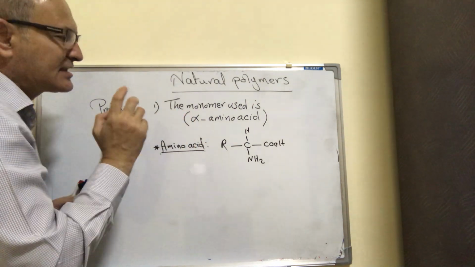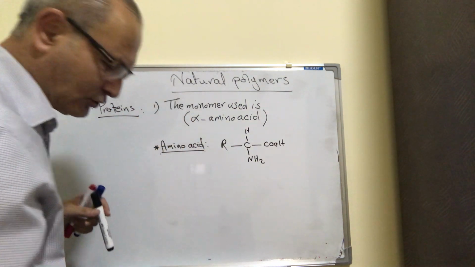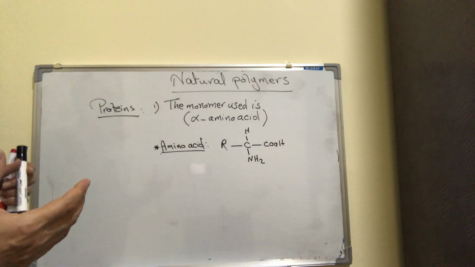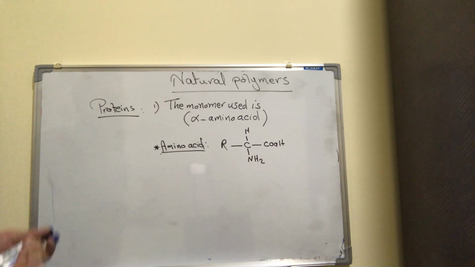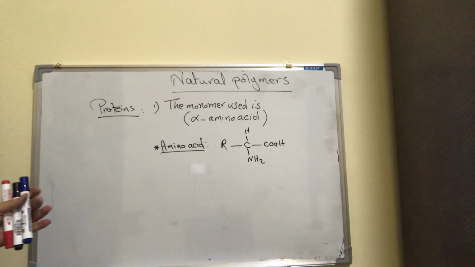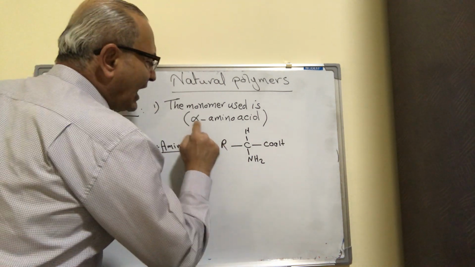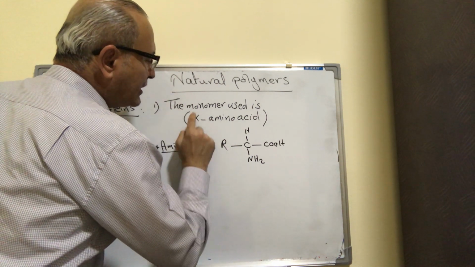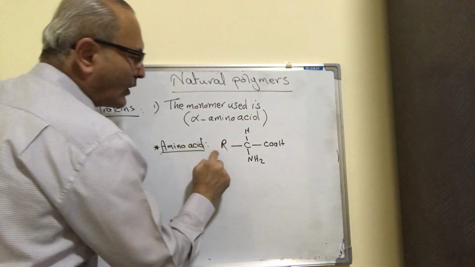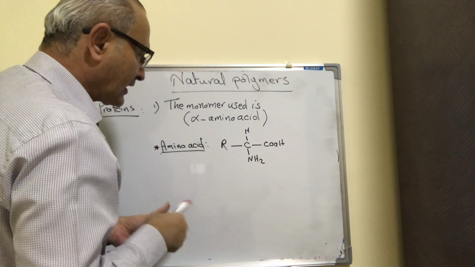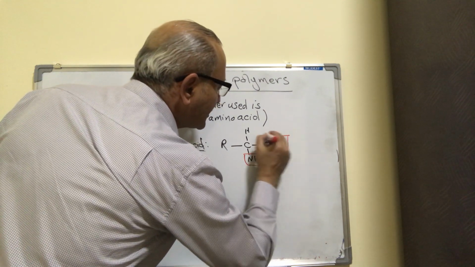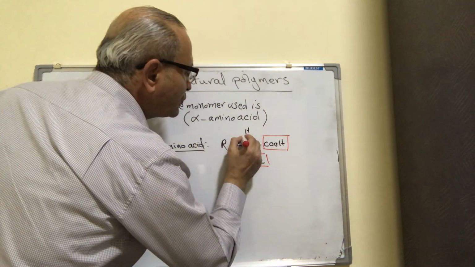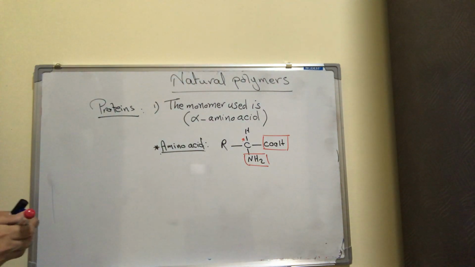Alpha represents something that you don't need to know for sure. Just make it as general knowledge, but you are not going to be asked about it. Alpha is only used to represent the amino acid at which both functional groups are bonded with the same carbon atom.